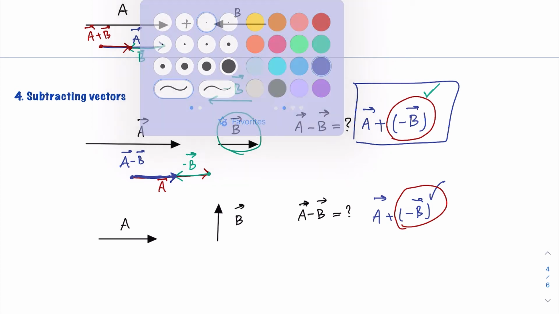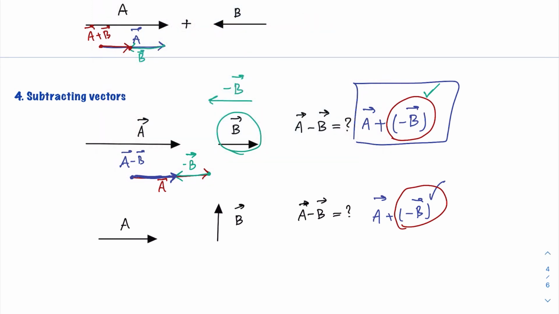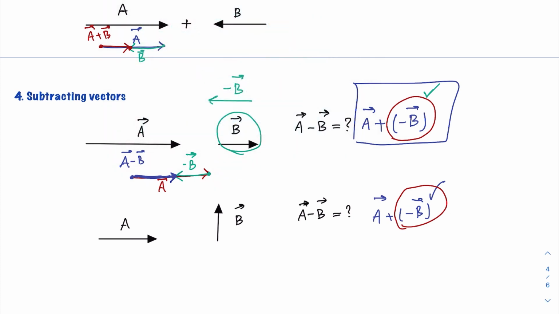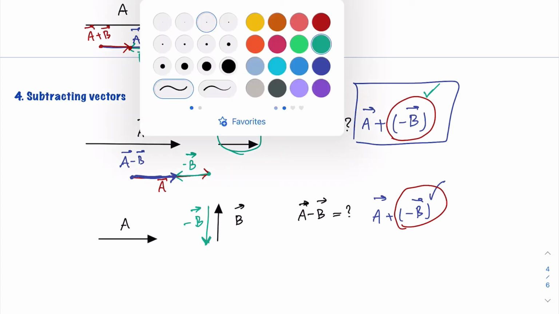Okay, if this is vector B, which is heading up, then minus B will be this. This is minus vector B. The direction will change in the opposite direction. So now again I will use the head to tail technique to find the resultant vector.